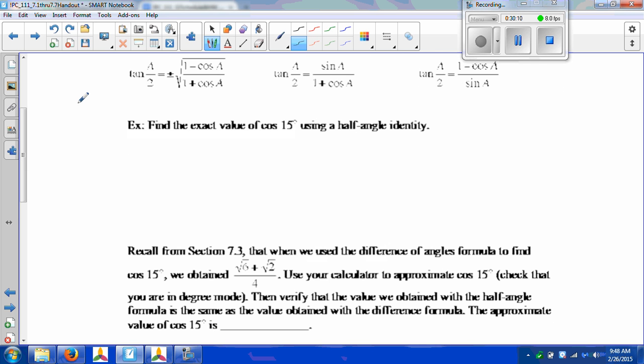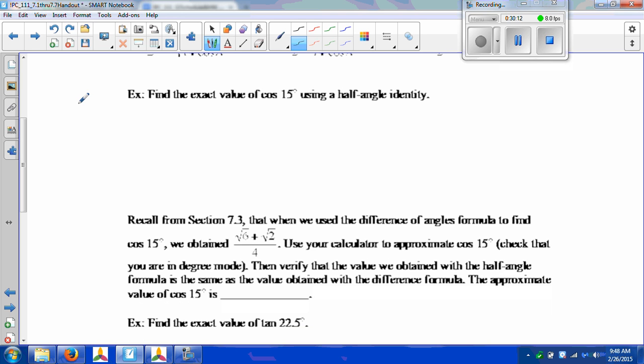Okay, so find the exact value of the cosine of 15 degrees using a half angle identity. I want to say why they say using a half angle identity. It's because a lot of times on your unit circle, the things that they want you to do half of, you could actually just use the subtraction, like 45 minus 30.